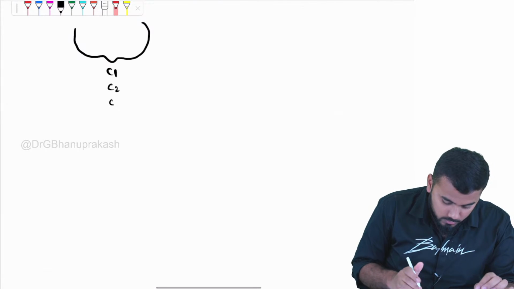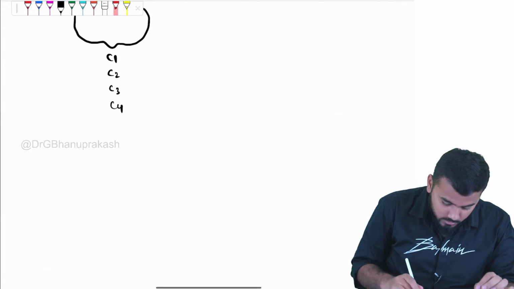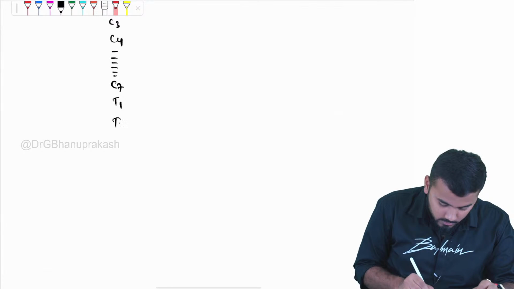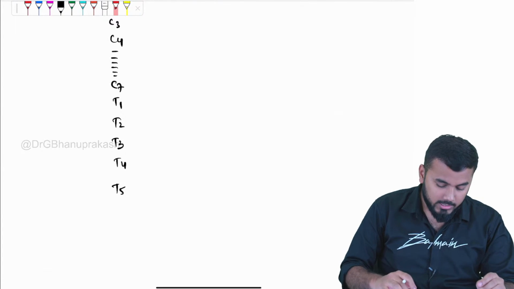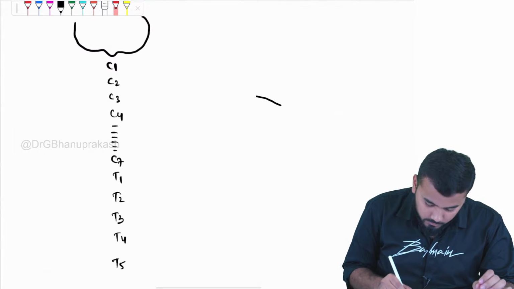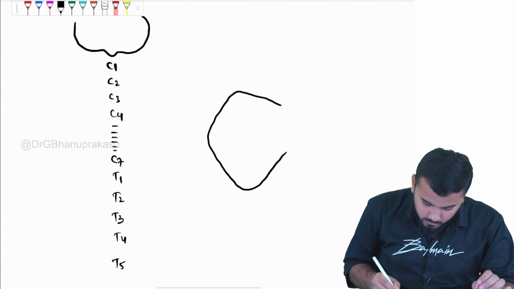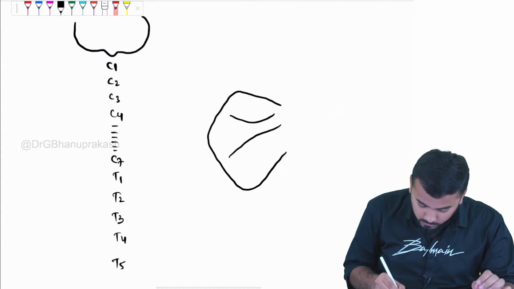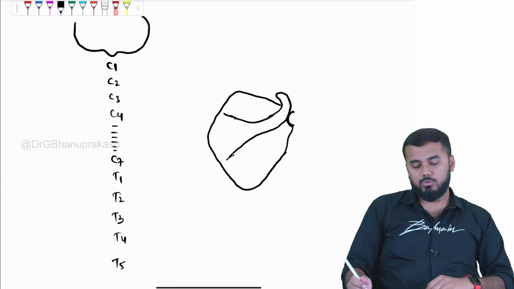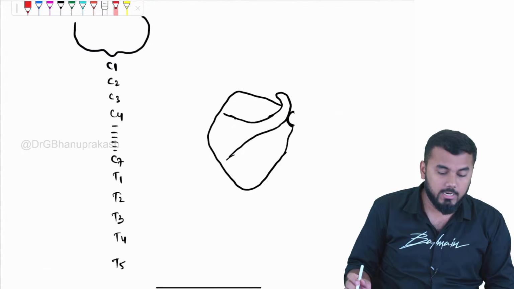C1, C2. Now we are closing up the discussion of back muscles with one last picture. This doesn't look like a scapula, but you just have to imagine everything. That's what I told you in the starting, right?